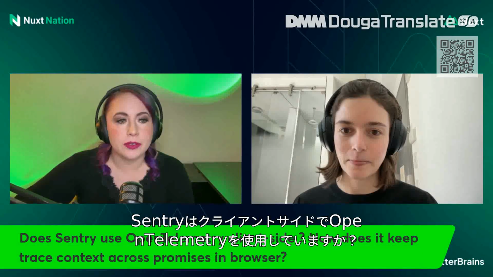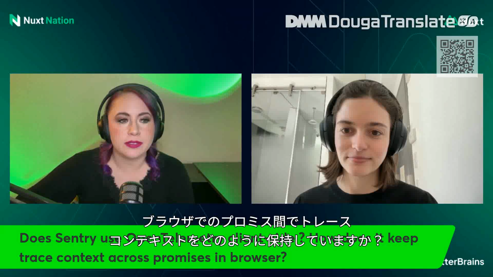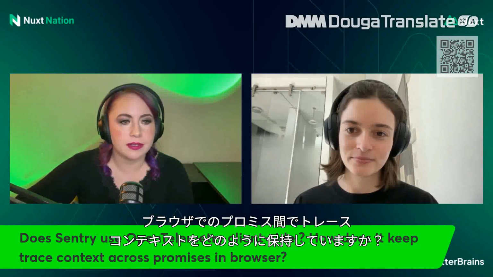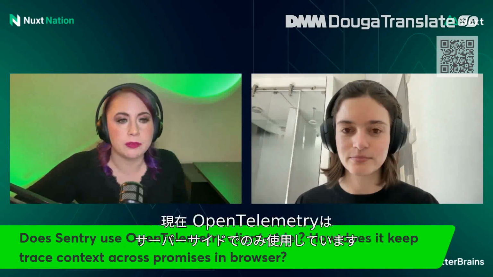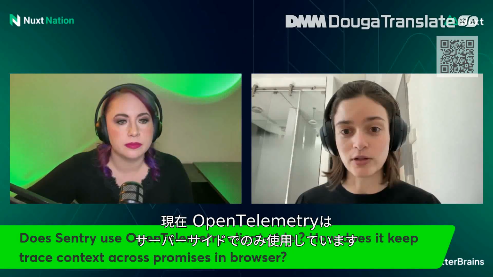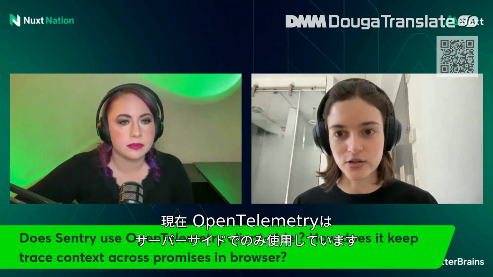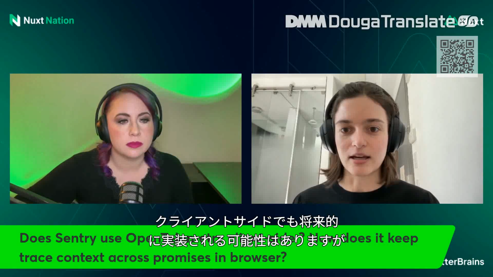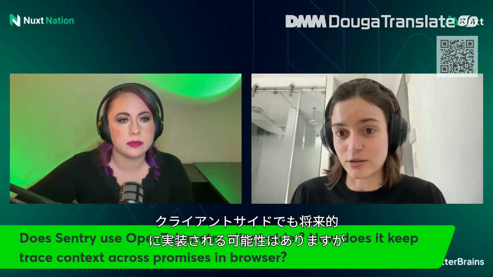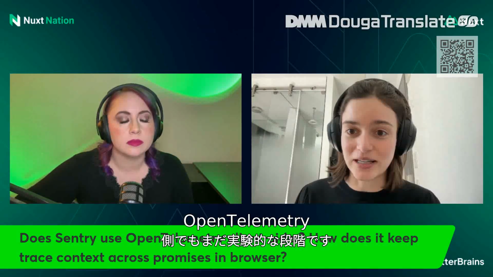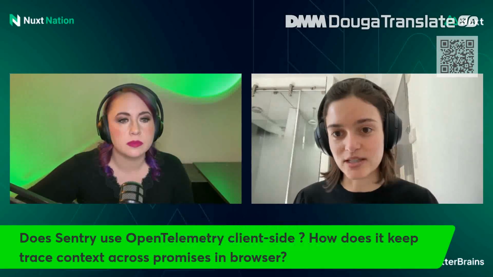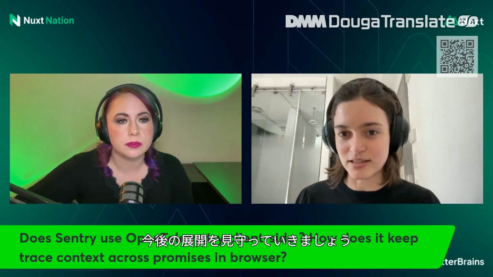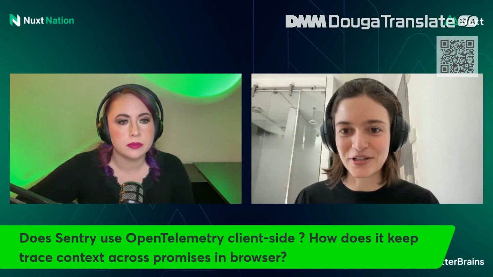Does Sentry use OpenTelemetry client-side? How does it keep trace context across promises in the browser? We're only using OpenTelemetry on the server side currently, and maybe it's coming on the client side as well, but it's really experimental still from the OpenTelemetry side. Let's see how this turns out.